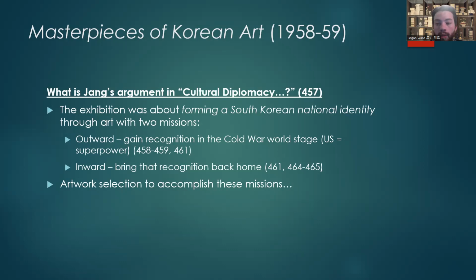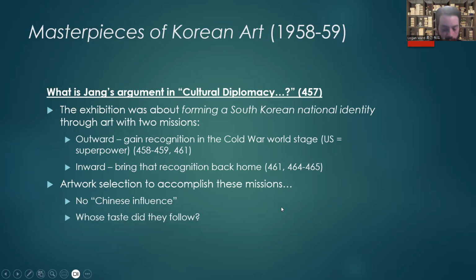The people who were working from the US, to the point that it even seems like the Korean people working on the exhibition were quite frustrated. And yes, Tyler, they want to emphasize the differences between the different East Asian countries. So Korean, Japanese, and Chinese, they want to make those very distinct for US audiences. So because of that, they didn't want Chinese influence. And then we already answered this question: whose taste did they follow? Particularly the US, those US people's tastes.